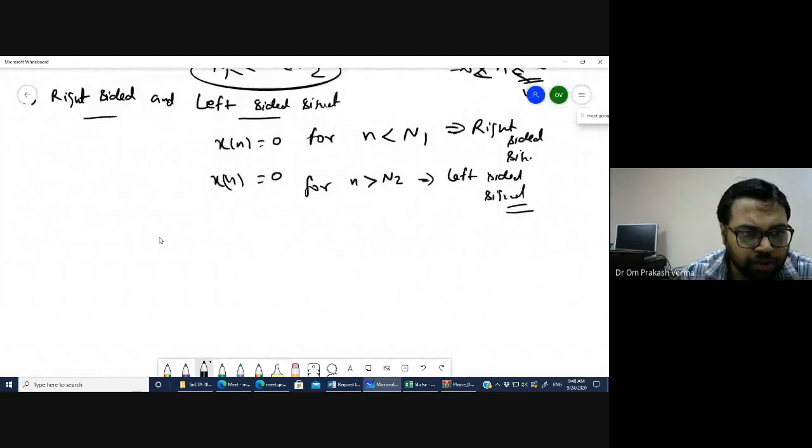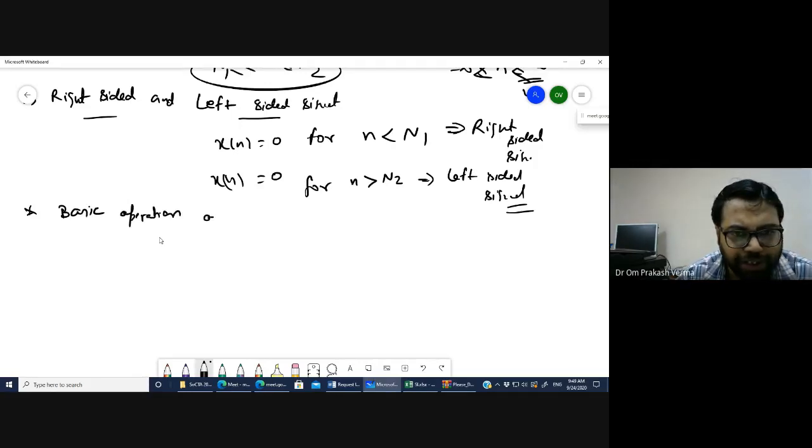Okay. So the very important operation usually we are using in the discrete time signal, you can say it is a basic operation on discrete time. We are already handling the continuous time signal, so now it is time to handle the discrete time signal, how the basic operations are employed on it.